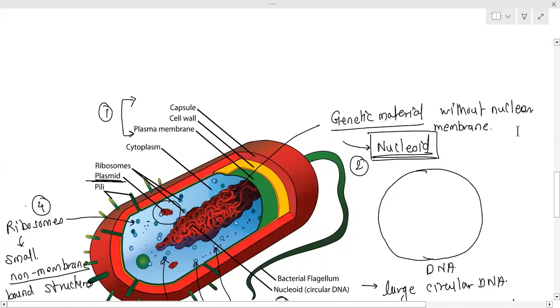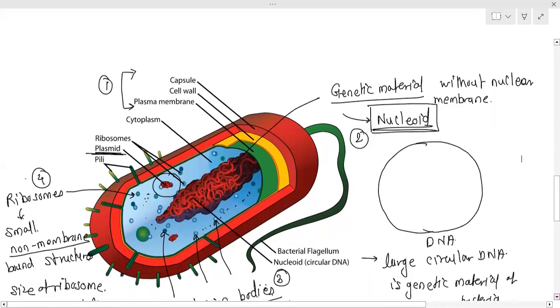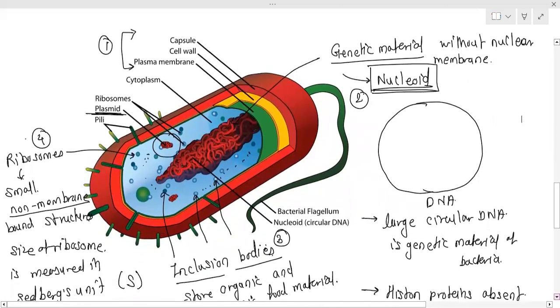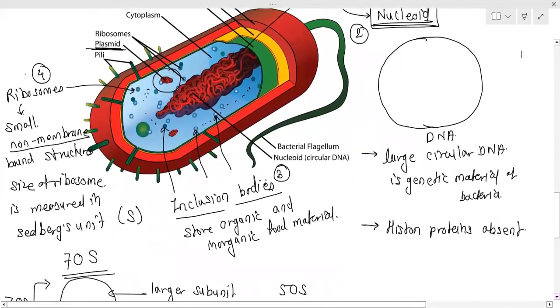Nucleoid, correct. It's called nucleoid, and here it is one big circular DNA. Understanding? Just one big circular DNA.